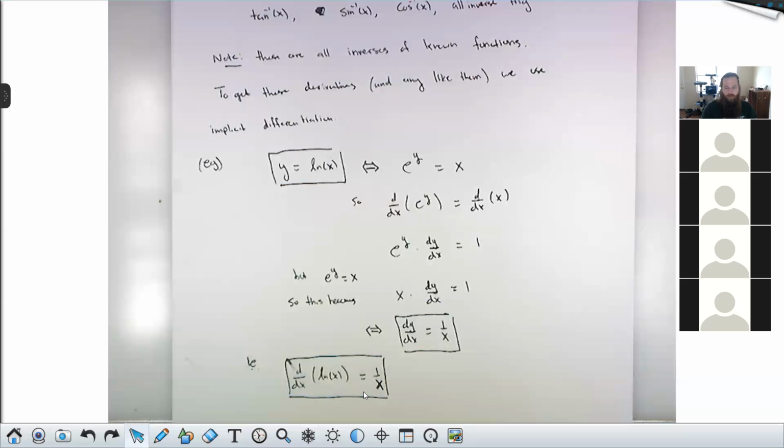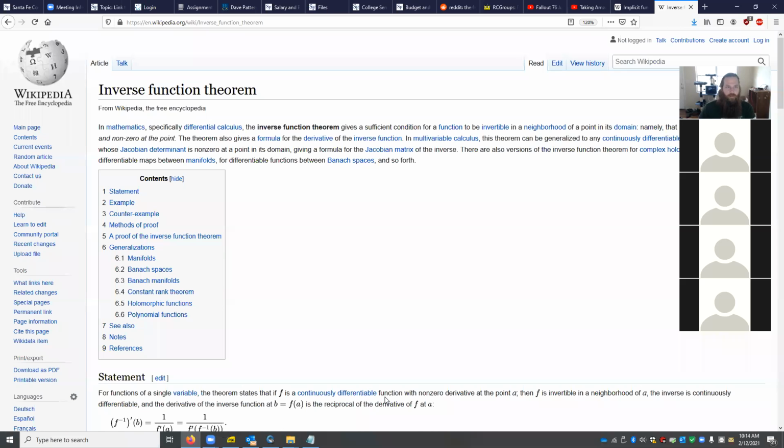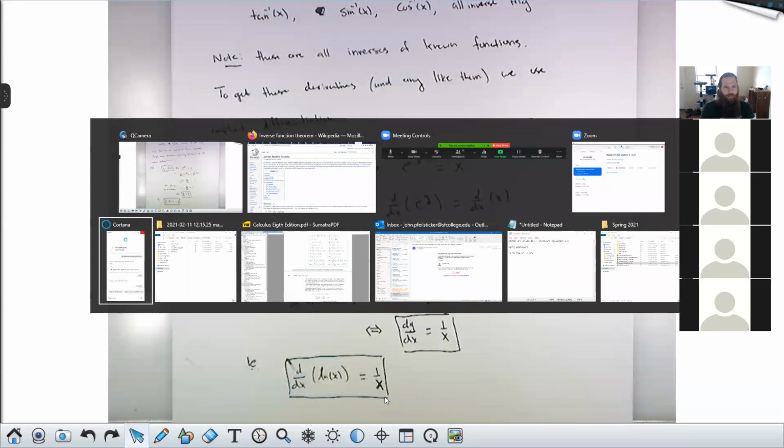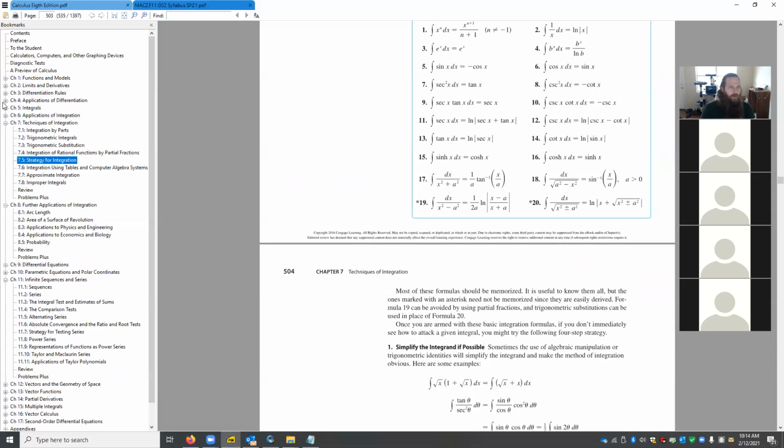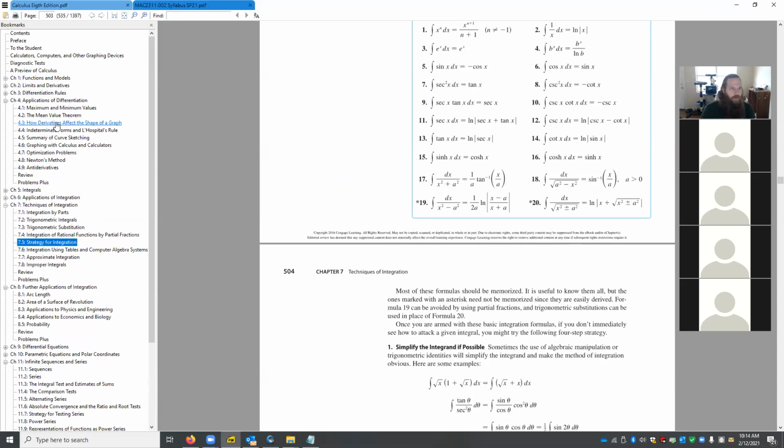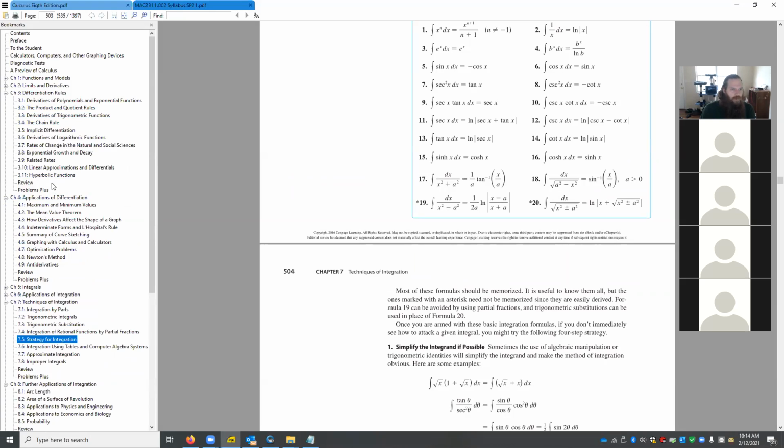This is just a little taste of what we can do with implicit differentiation. I don't want to overwhelm with this, so I'm going to show you the inverse tangent function. Look at your textbook, see if there's anything else that I want to say while we're here. But then I think I'll probably let you guys go. You guys have had a challenging few days. I don't think there's much else that I want to really bludgeon you with right now.